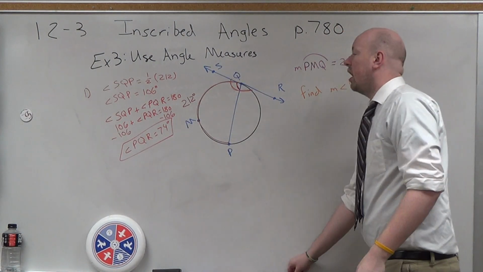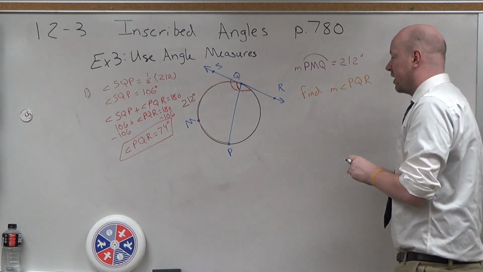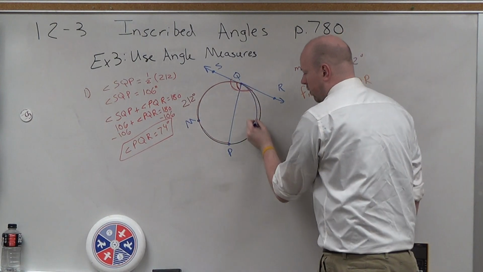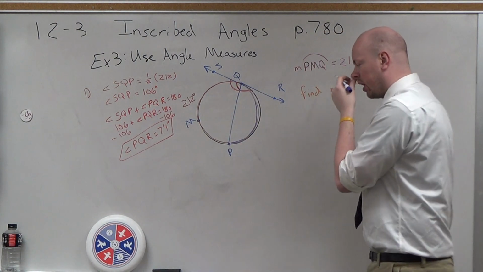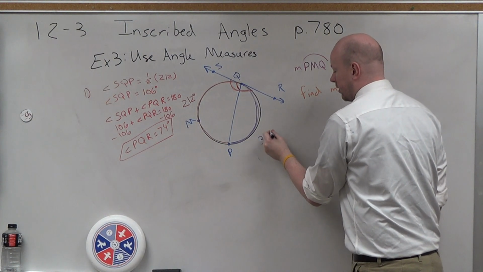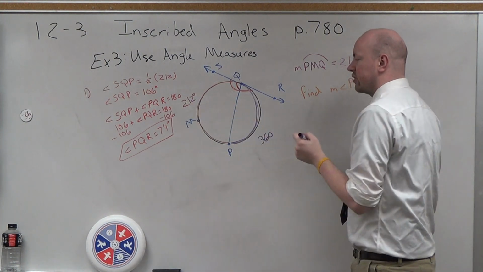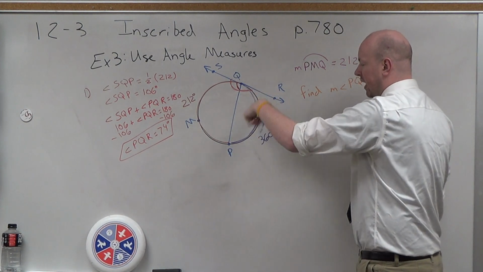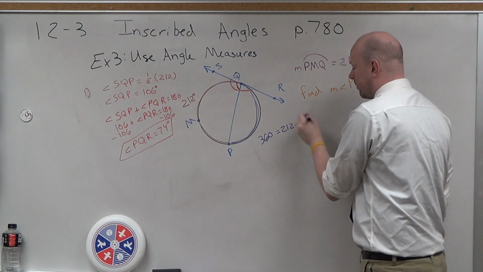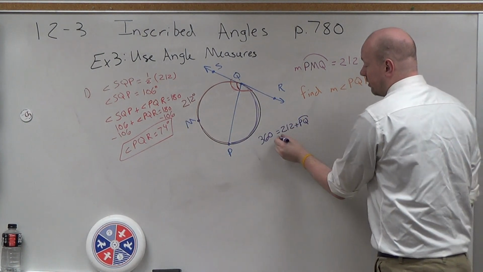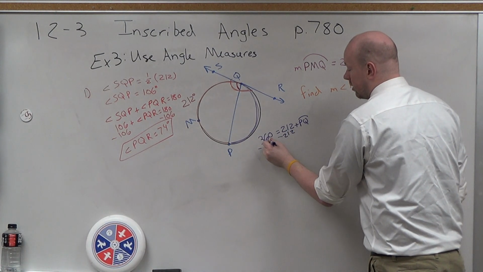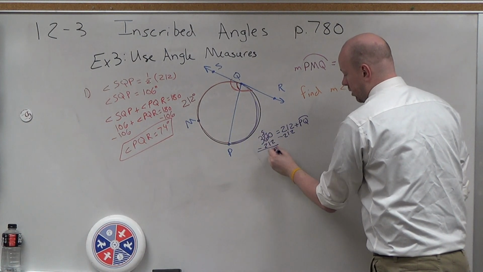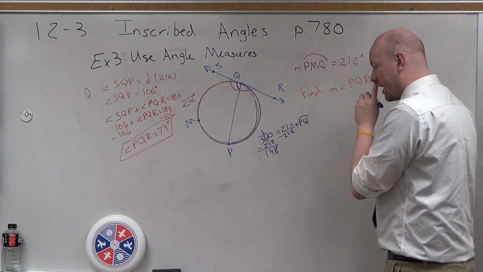Okay. The other way we could have said it is that because PMQ is 212 degrees, well, what's left of the circle? If circles are 360 degrees, but I know that that's 212, it has to be whatever is left for arc PQ. So I can subtract 212 from both sides. So that would give me 148.